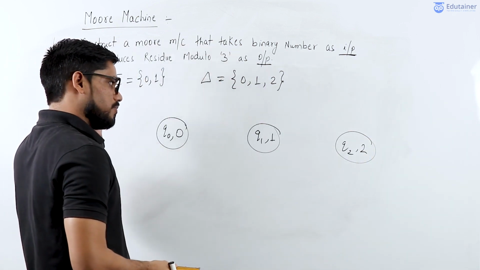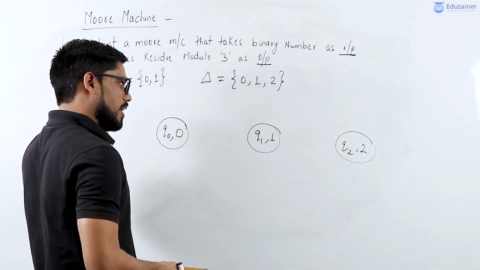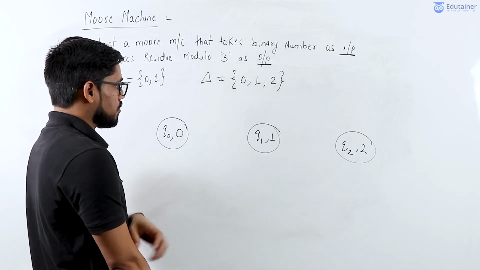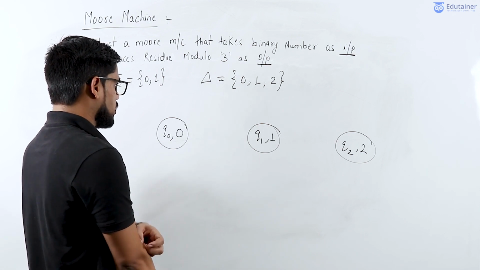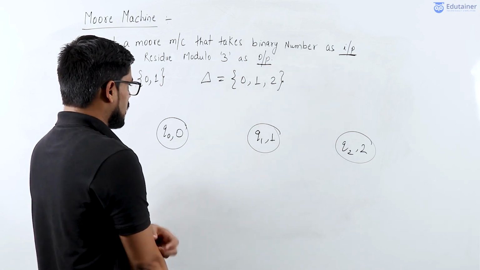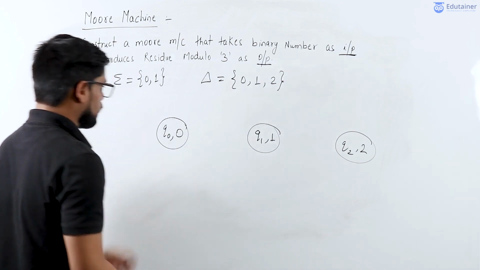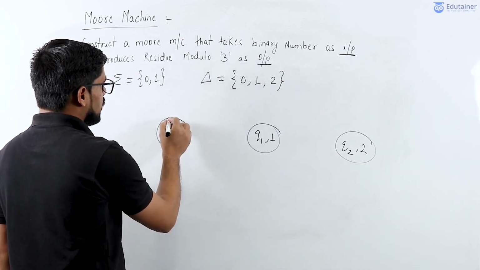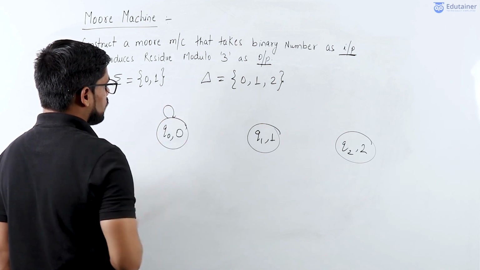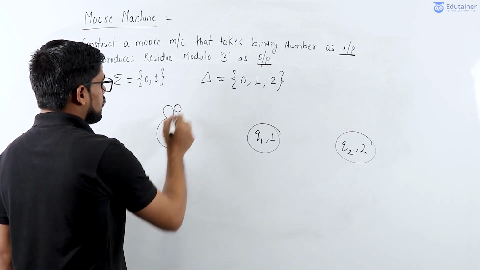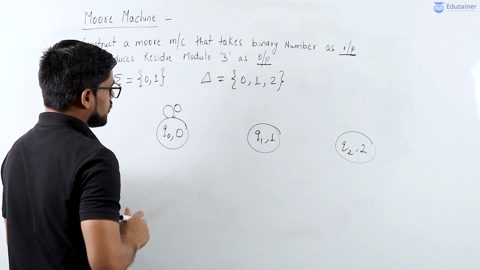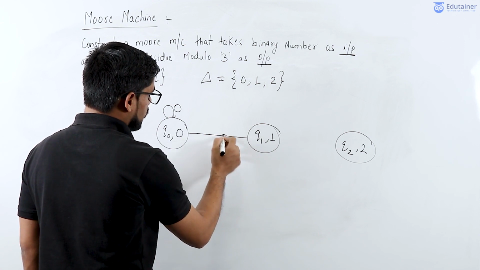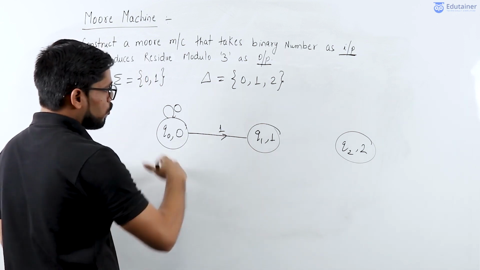Now after that we have to take care of every input alphabet for every transition on the different states Q0, Q1 and Q2. So let's take the Q0 state first. On the Q0 state, if you see input 0, then we will remain in the Q0 state itself. And if I see input 1, then I will go to the state Q1.